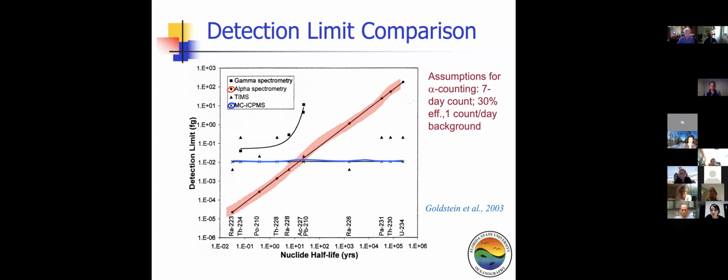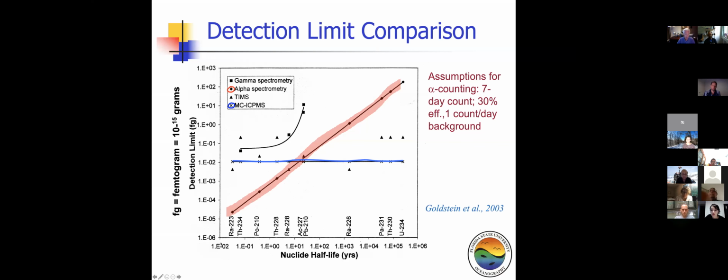So what it's showing is a detection limit in femtograms. Now, a femtogram is 10 to the minus 15 grams. So we're talking very, very low here. It's a detection limit going lower and lower on the y-axis, plotted against nuclide half-life, with the long-lived nuclides on the right and shorter going to the left.